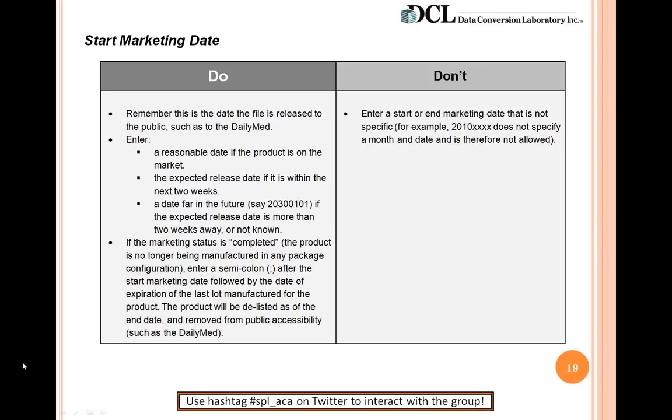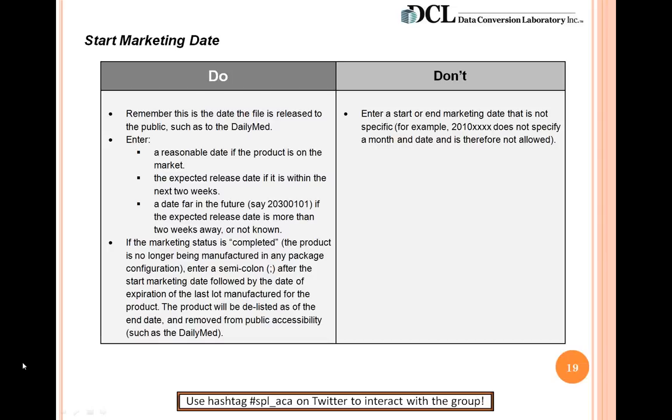They had to delist it. So DCL's recommendation on that basis is, don't expect everything is going to go right, but don't put in a real date until you're sure that nothing can go wrong.